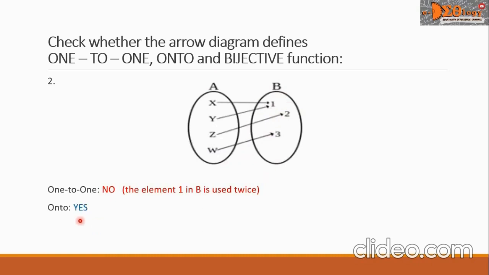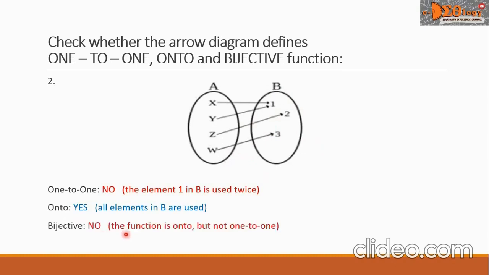The answer is yes, because all elements in B are used. Next, is the function bijective? The answer is no, because the function is onto but not one-to-one. This is our final answer.